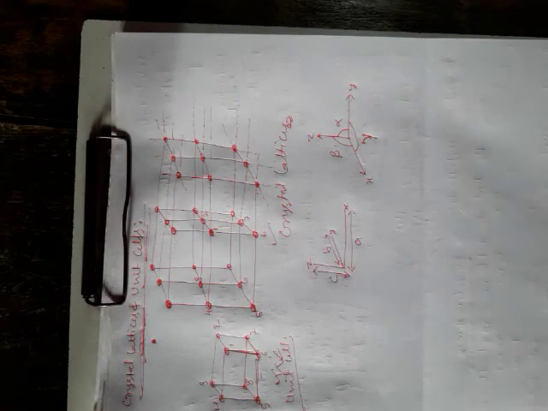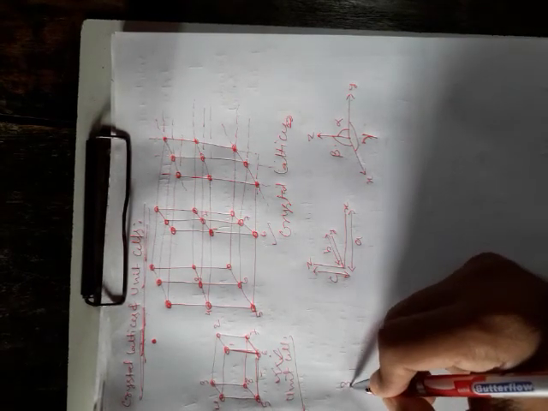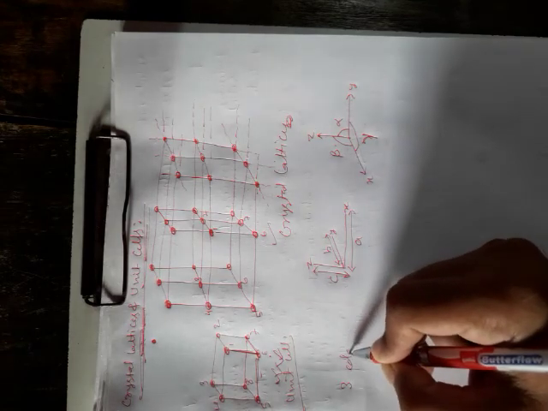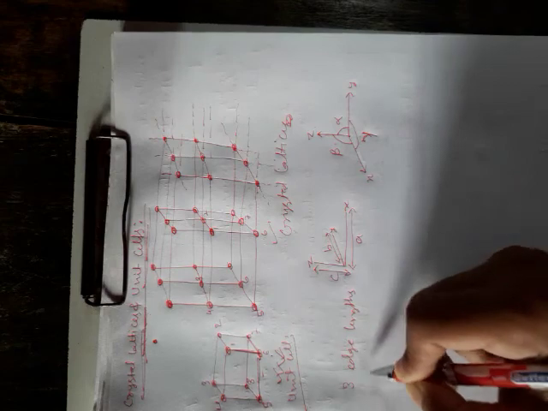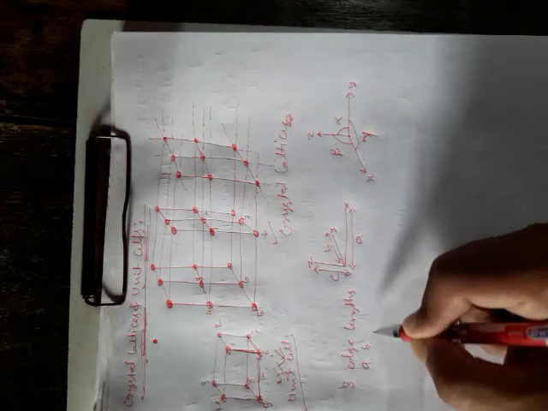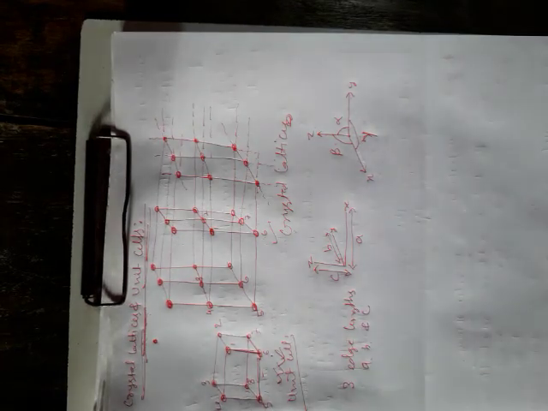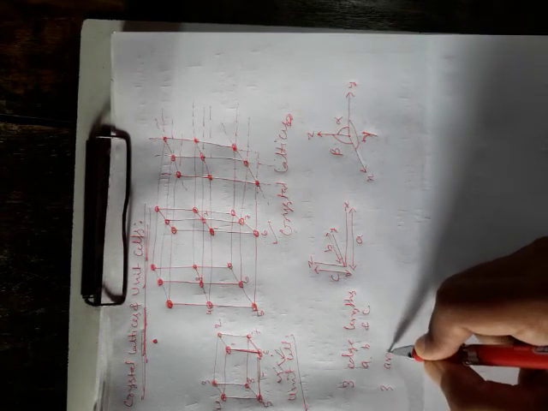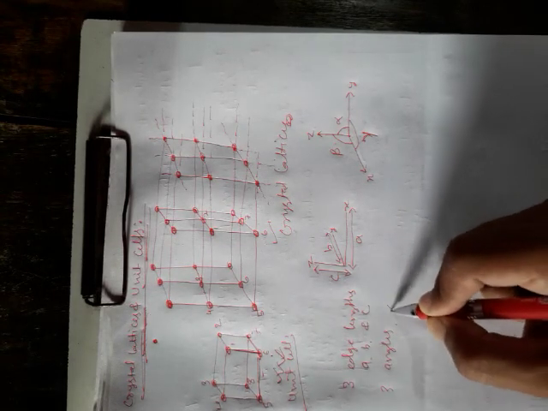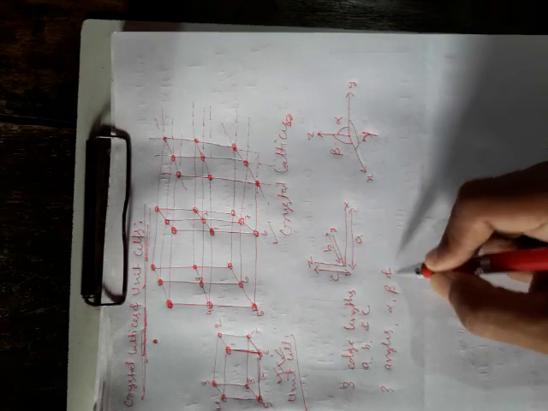So there are 6 parameters by which a unit cell may be characterized: 3 edge lengths, A, B, and C, and 3 angles, which are represented by alpha, beta, and gamma.